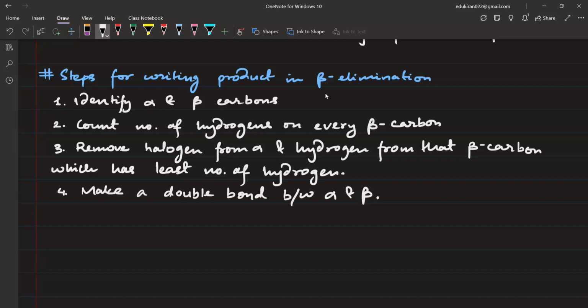Okay, between alpha and beta, from where you have removed hydrogen. तो एक तो लिखा हुआ नहीं रहता है, सारी चीजों को हम लिखाते हैं. Make a double bond between alpha and that beta.